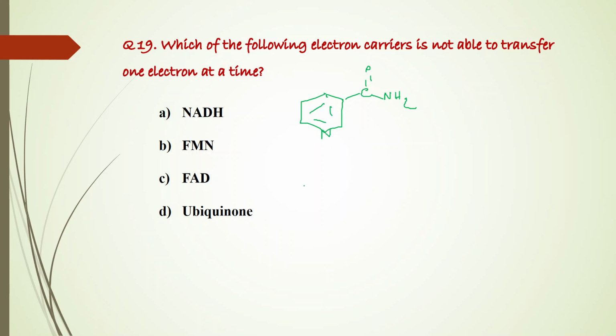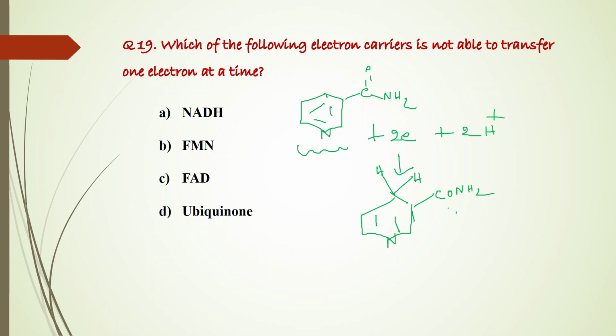I am not writing the other part, there are other parts involved. We have our 2 electrons and 2 H plus that end up resulting in this nitrogen. We have our 2 hydrogens attached here, and that is our CONH2.